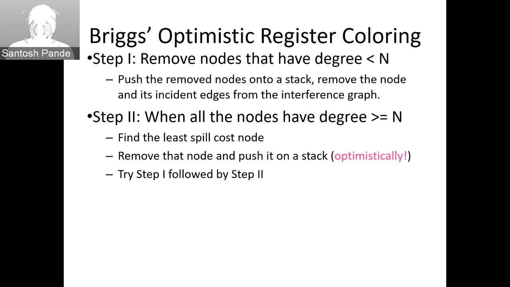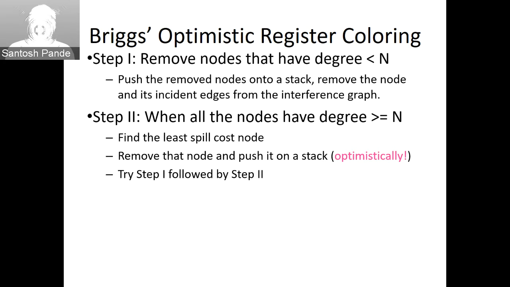By the way, in the first step also, the difference between Chaitin's and Briggs is this, that Briggs is not doing the coloring decisions immediately. So he is removing all these degree less than n nodes, pushing them on the stack. So at the bottom of the stack, you'll see the nodes which are guaranteed to get a color.